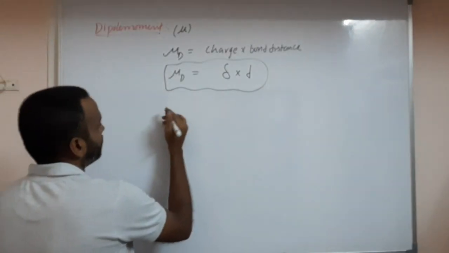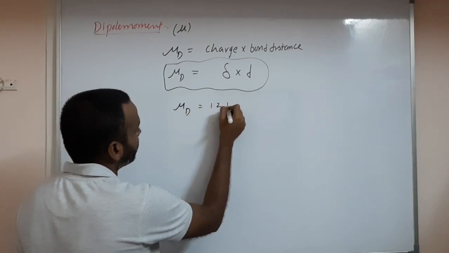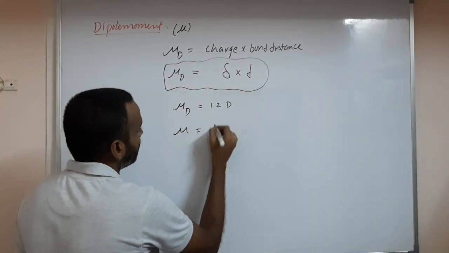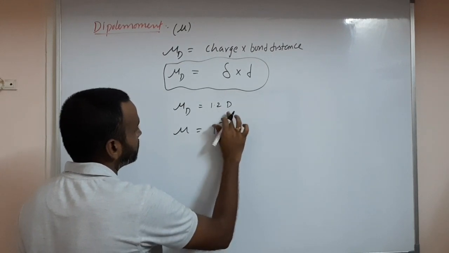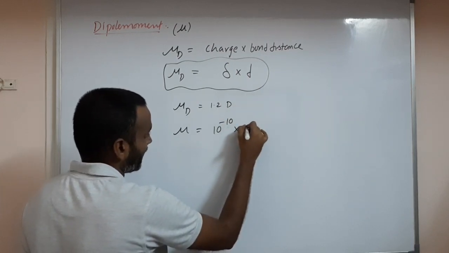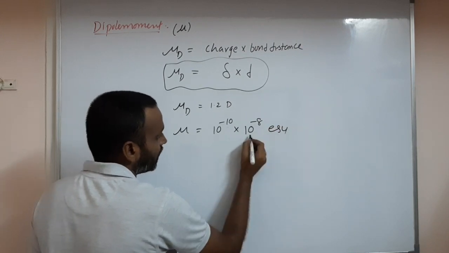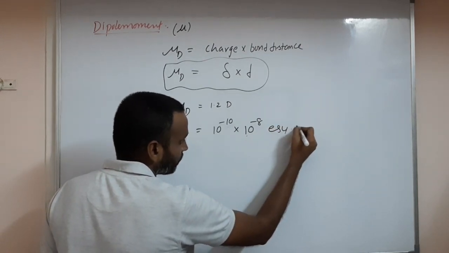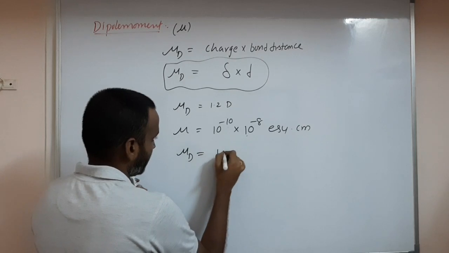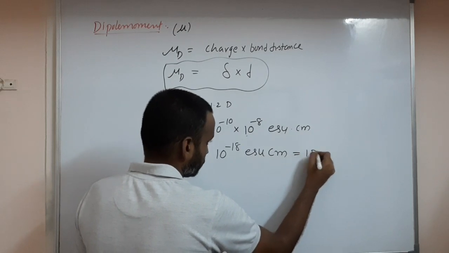Dipole moment we measure in debye. We will say 1 debye or 1.2 debye, like that. Charge is 10 power minus 10 ESU, electrostatic units, and the distance is 1 angstrom, which is 10 power minus 8 centimeter. So the units of mu are 10 power minus 18 ESU centimeter, which equals 1 debye.